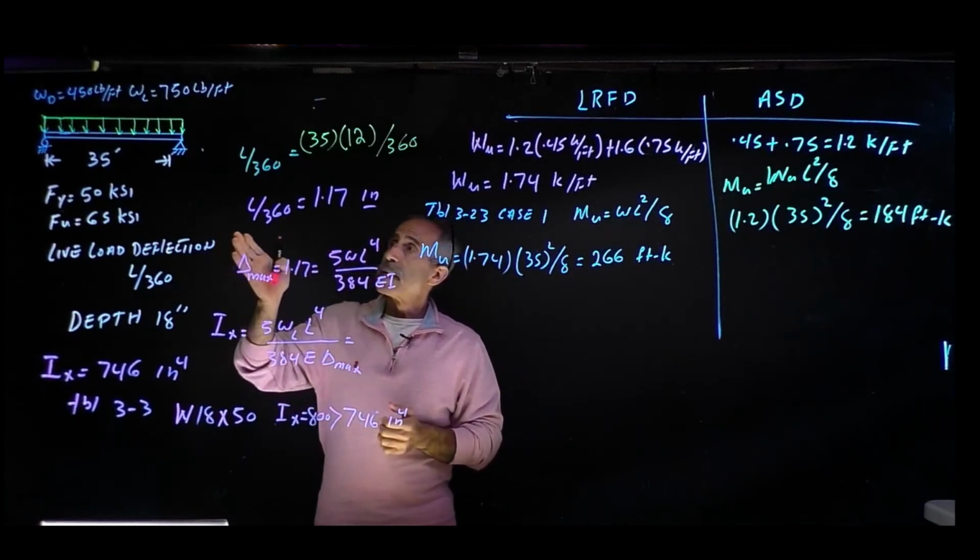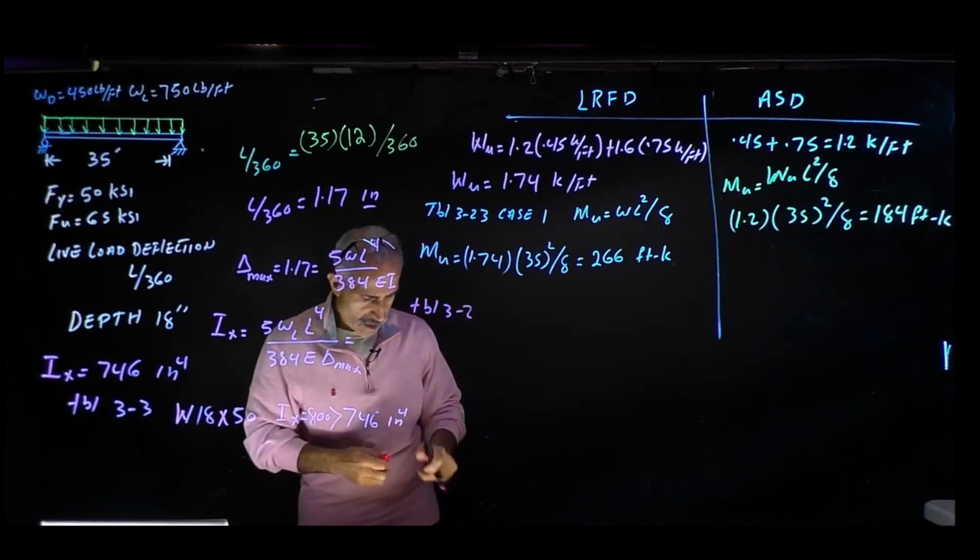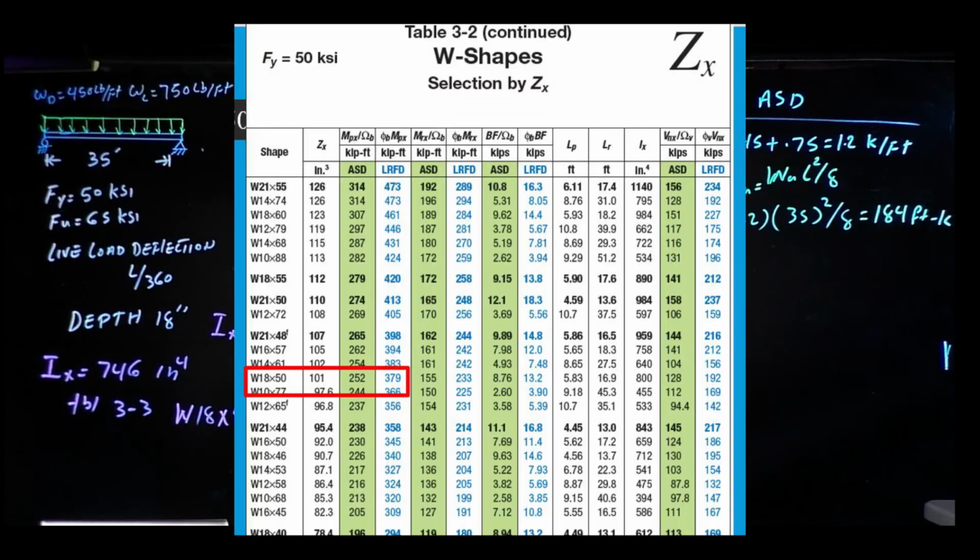We're going to go ahead to table 3-2 and calculate phi Mn, which in our case is the same as phi b Mpx, and from that table that equals 379 foot kip.